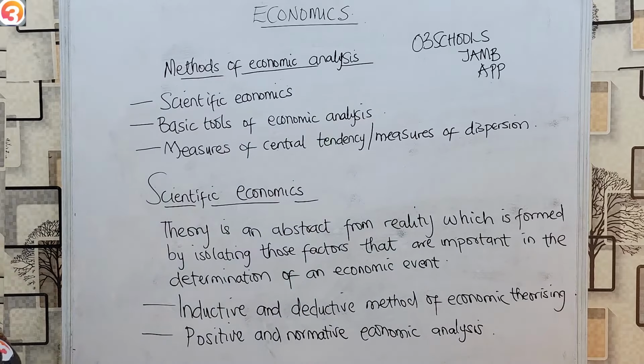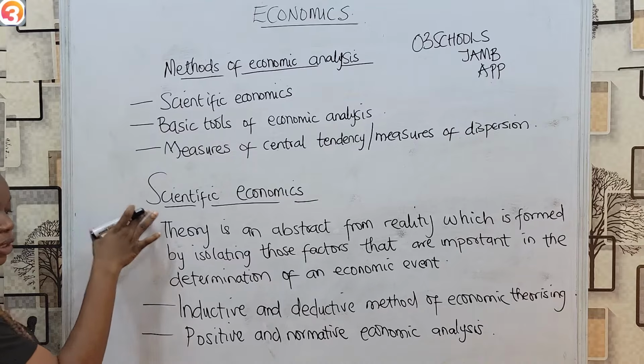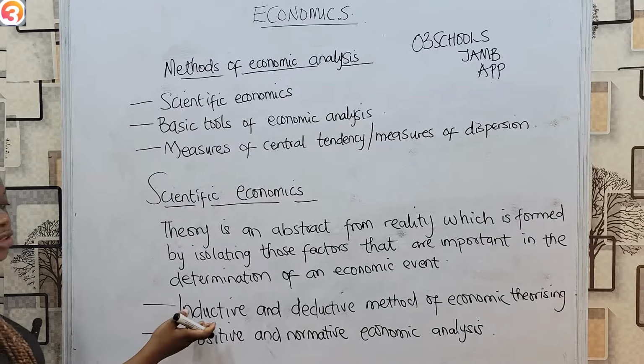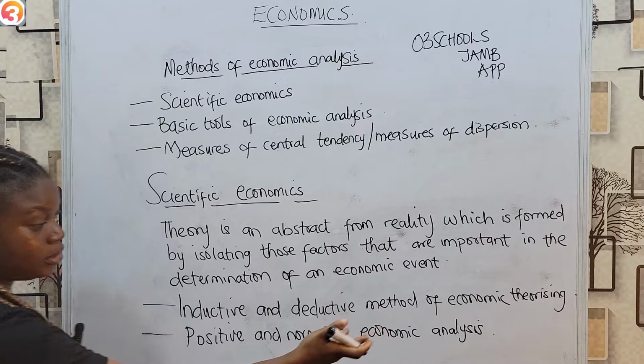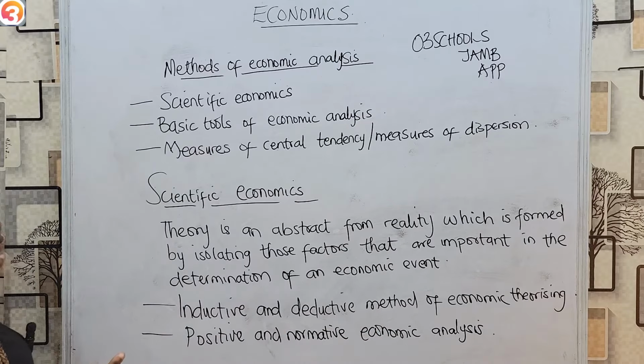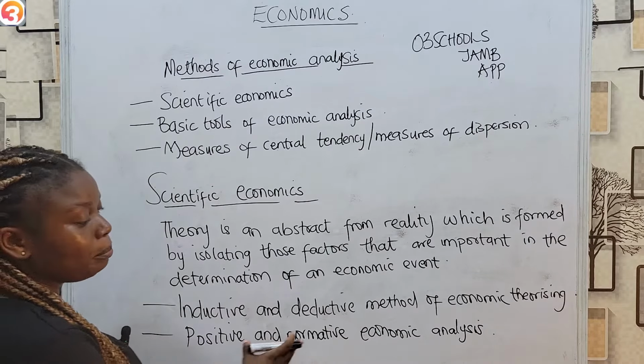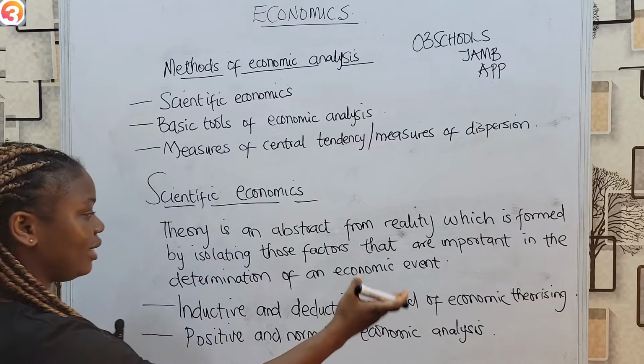So now, as you can see, there are two approaches we follow to study scientific economics. The first approach is the inductive and deductive method of economic theorizing, and then the second approach is the positive and normative economic analysis.